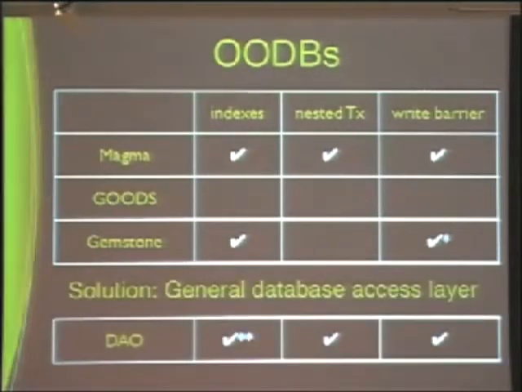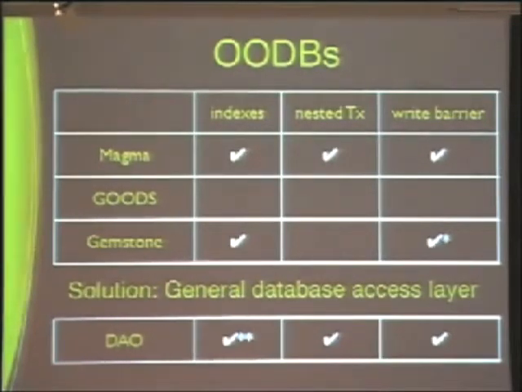So our solution, because we didn't want to get tied to GemStone either, we want to run on multiple databases all the time. So we wanted to keep compatible, running on an open source system or any database. So we created a general database access layer, using common database access object terminology, which basically abstracts all the databases.